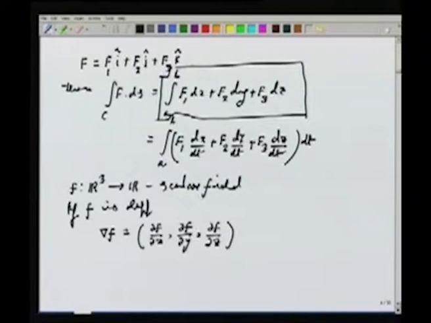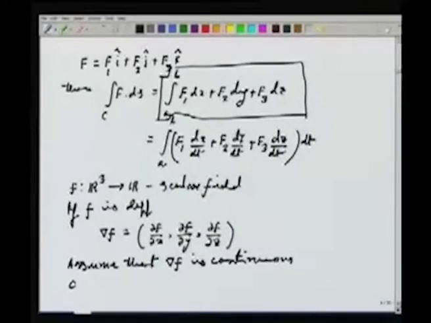Now assume that grad f is continuous. So I am putting two conditions on f: first of all it is differentiable, so that I can talk about the gradient. Second, the gradient is a continuous function. So it is a continuous vector field now.